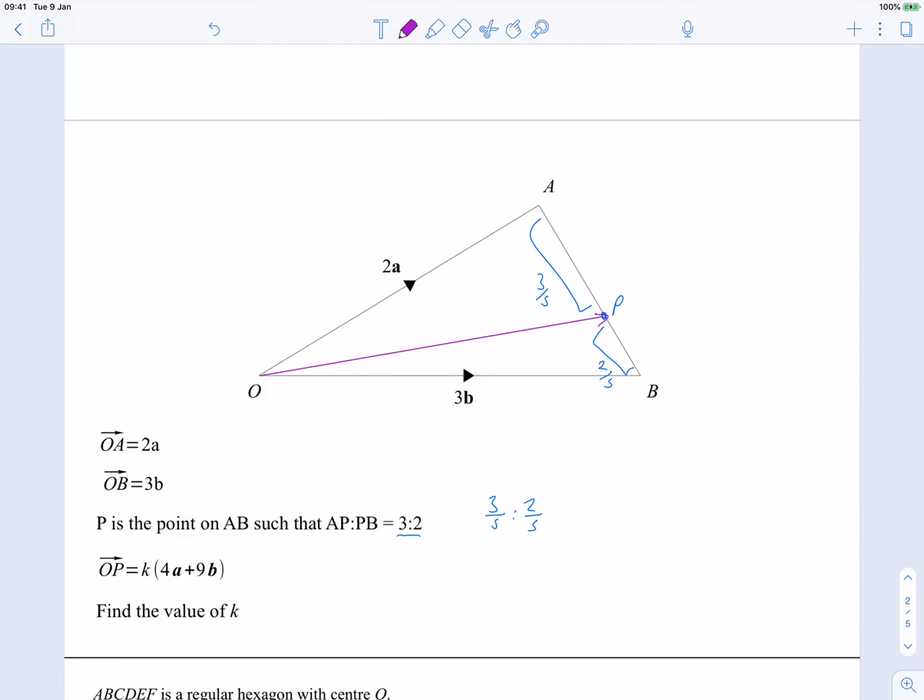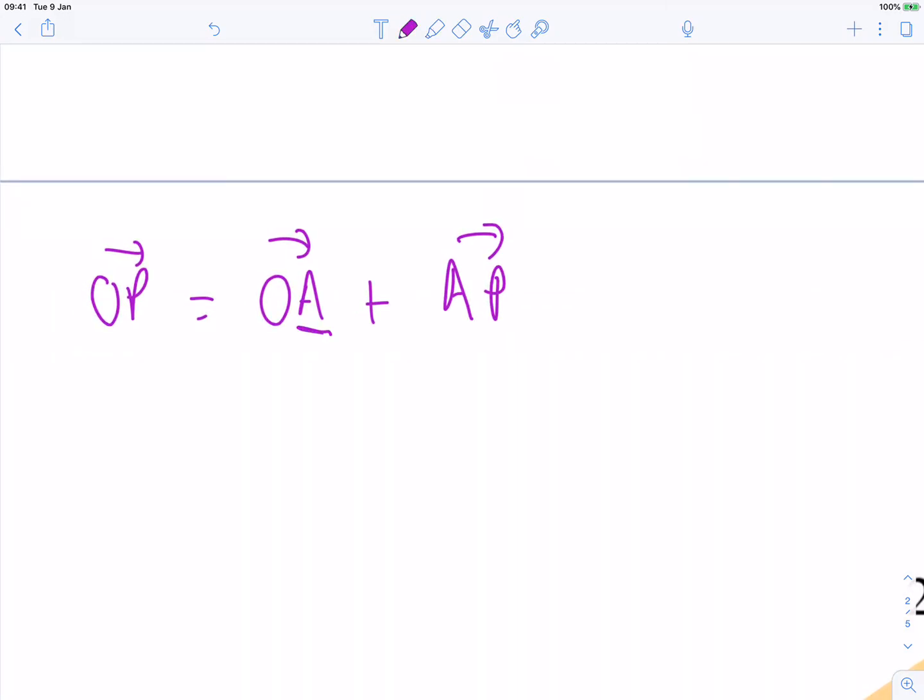is I like to write out a little story of what I'm doing. So if I'm going from O to P, that's the same as going from O to A, and then going from A to P. Notice how when letters are next to each other like this, they almost cancel out and I'm left with O to P. Remember, it's the start and the finish that matter.